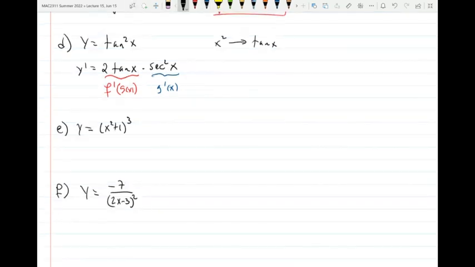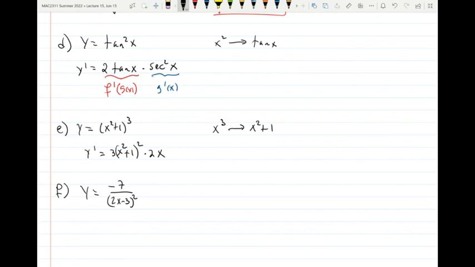Okay, how about the next one? What's the composition? What's the outside? X cubed. The inside? X squared plus 1. Okay, so what's y prime? 3x squared. What is it? 3x squared. Like this? Well, I got 3 times x squared plus 1 all squared. Good. Times 2x. Very good.